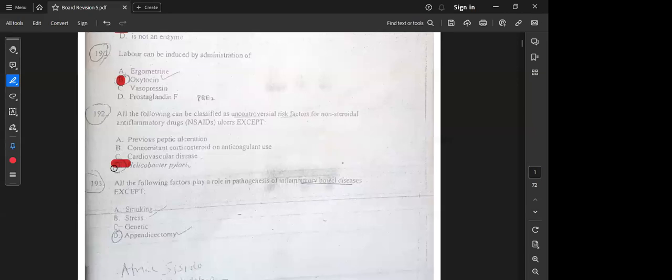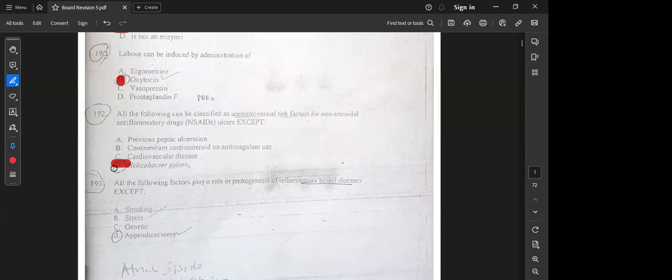Rebecca, perhaps you can explain just that term, uncontroversial risk factors. I know Shafi has read what Google has said, but perhaps you can explain in your understanding. I was thinking of previous peptic ulcerations, and obviously NSAIDs will affect.